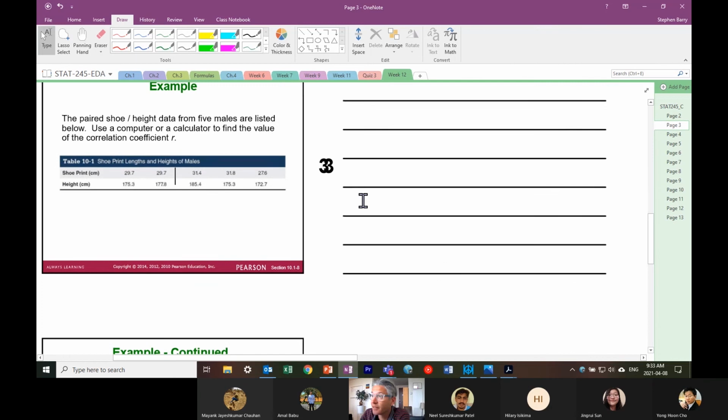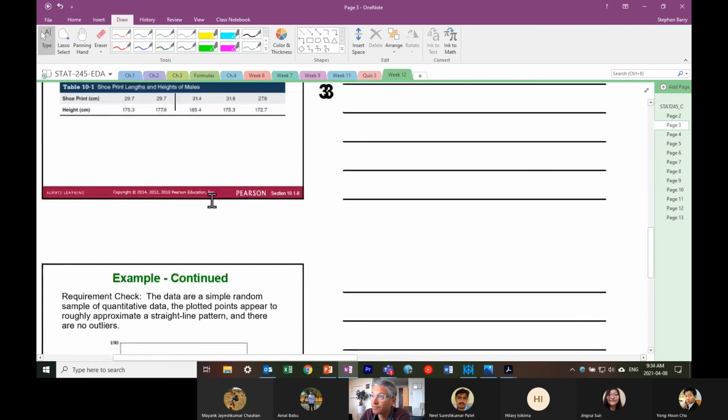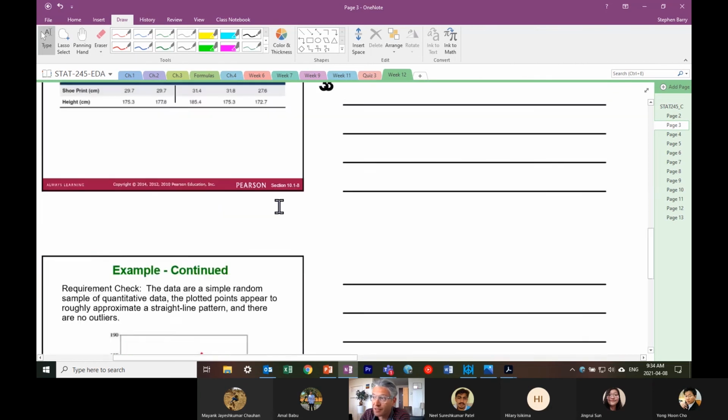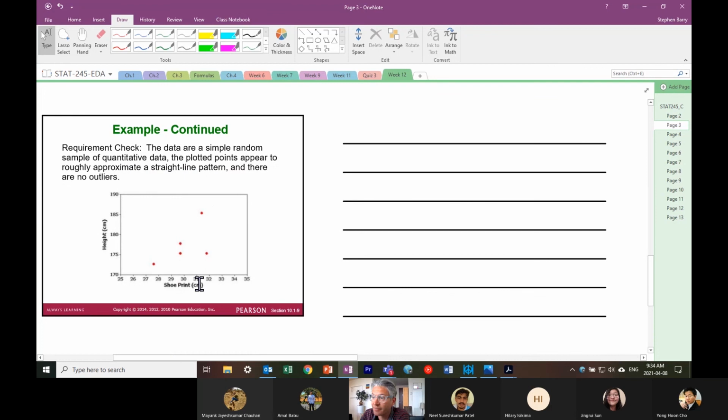And the first step you would always do is graph this. Okay, so they graph it right here. So they're saying the shoe print, again, this one's a little bit confusing, but the question is, can we predict height? As soon as you see predict, this means that it's the dependent variable.